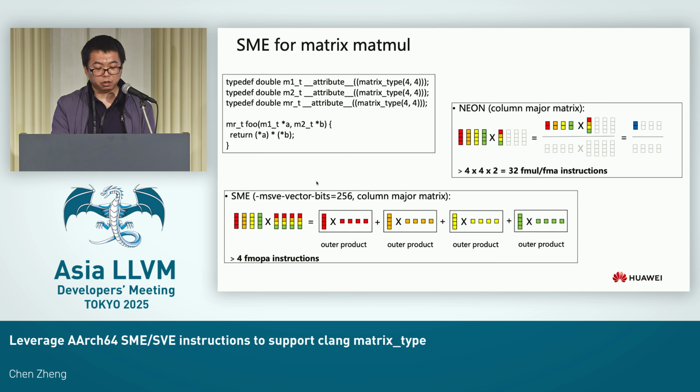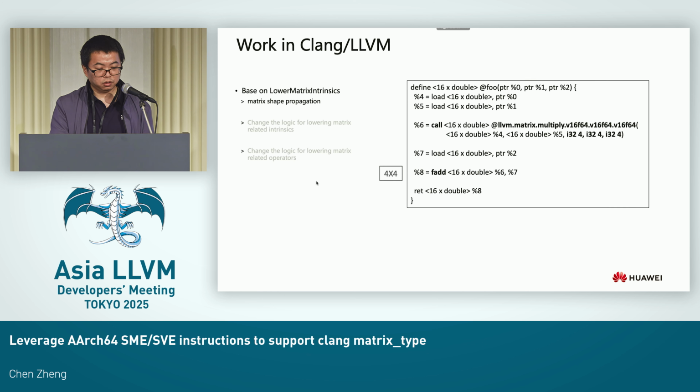But with SME, with the outer product instructions and the bigger vector register, assuming the SVE vector base is 256, we only need 4 outer product instructions for the matrix multiply. I think this is a big improvement.